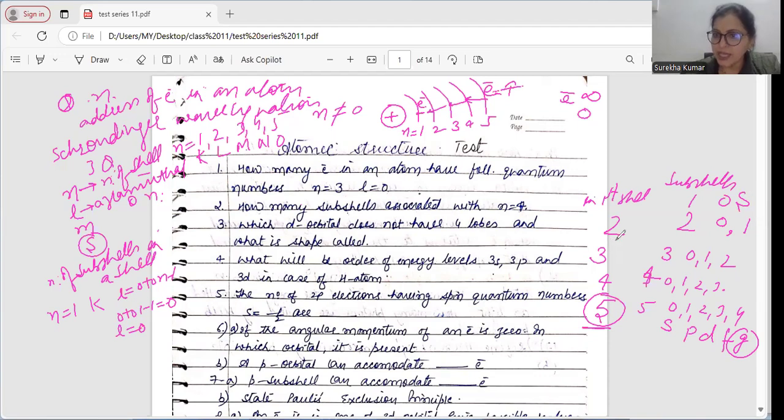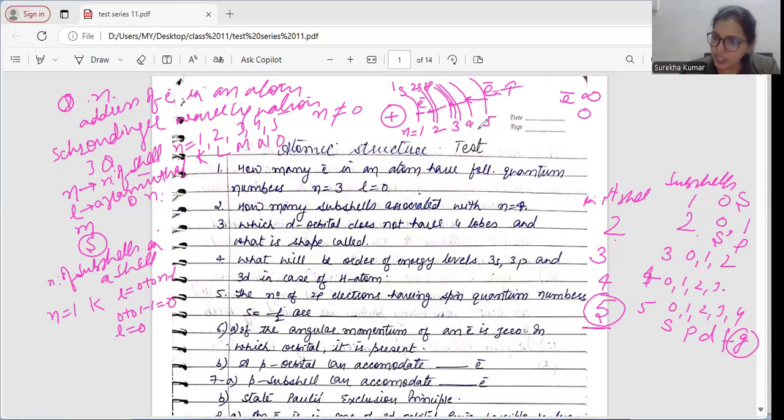In first shell, only S subshell is there. In second shell, 2 subshells are there. One is S, one is P, like this. First shell, only 1 subshell is there. We call it S. It is 1S. In second shell, 2 subshells are there. One is 2S, another is 2P. In third, 3 subshells are there. It is very interesting phenomenon. If I'll ask you how many subshells are there in 10th shell, answer is 10. The number of subshells is equal to n.